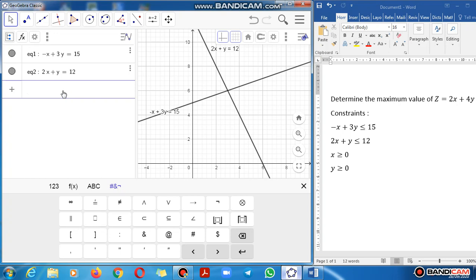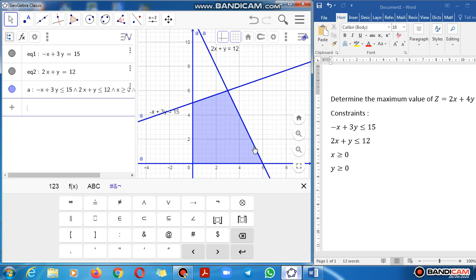The inequalities are negative x plus 3y less than or equal to 15 and 2x plus y less than or equal to 12 and x greater than or equal to 0 and y greater than or equal to 0. So this is the visible area of this linear program.